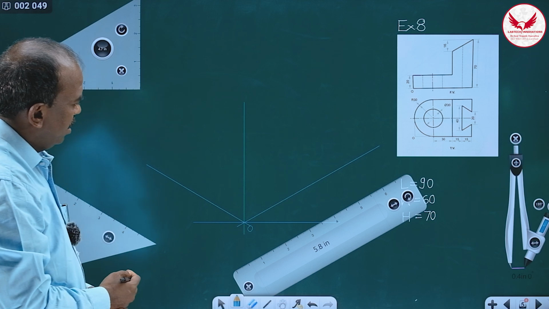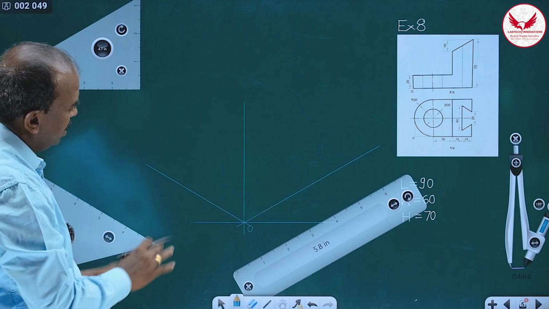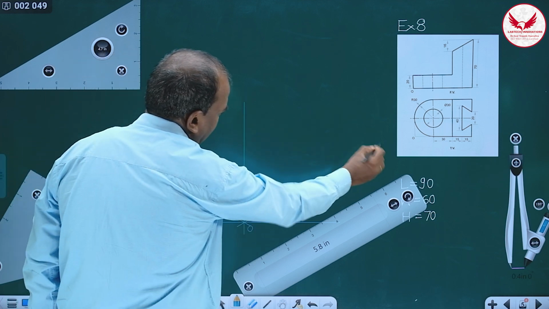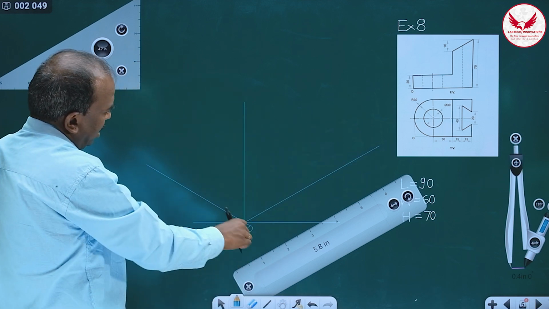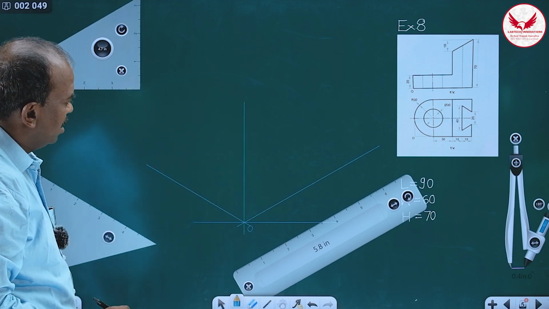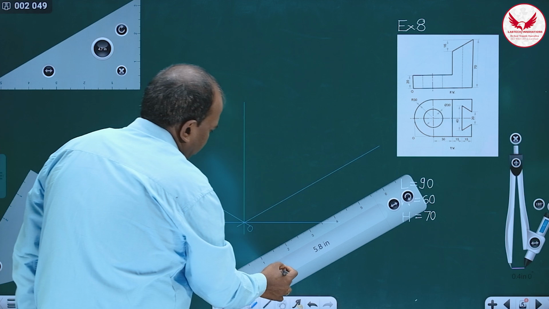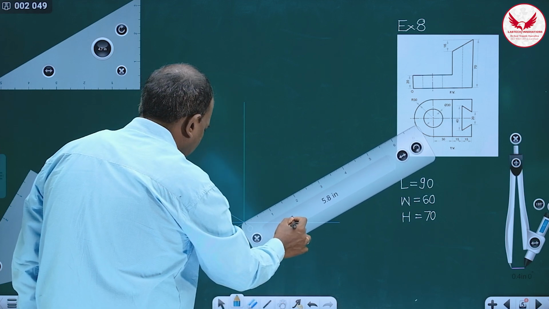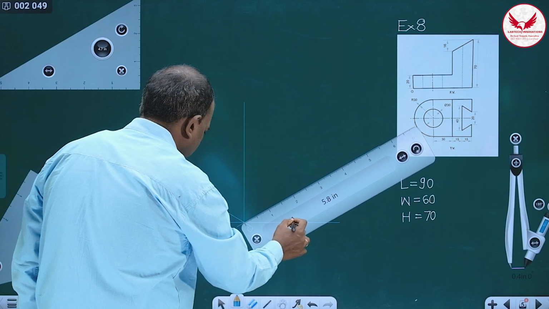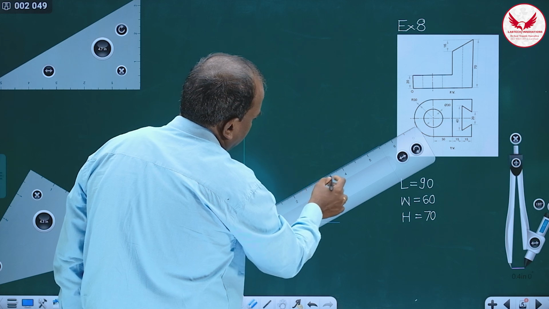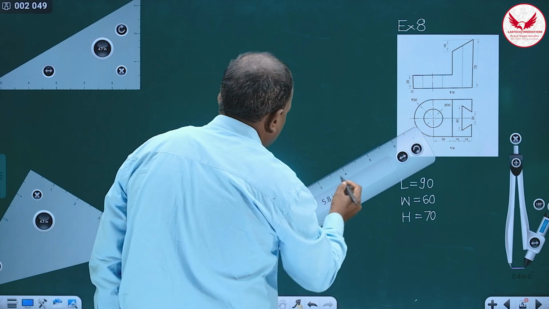And after marking these three lines, these are the three isometric axes. It is the length axis, it is width, and this represents height as per this example. Now immediately mark its length 90 on right hand side: 10, 20, 40, 60, 80 and 90.